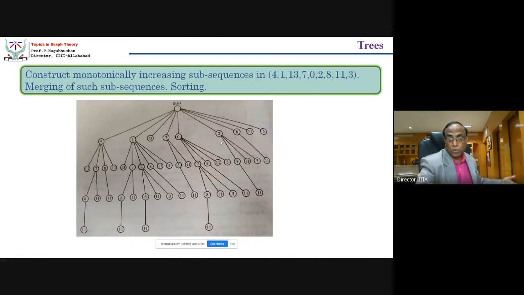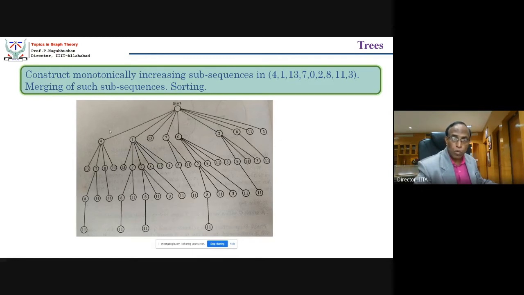So this is the tree diagram that you are going to construct. Either you construct it depth first, like 4, 13, like 4, 7, 8, 11, like 4, 8, 4, 7, 11, 4, 8, 11, 4, 11. So this is depth first, or you go breadth first also.